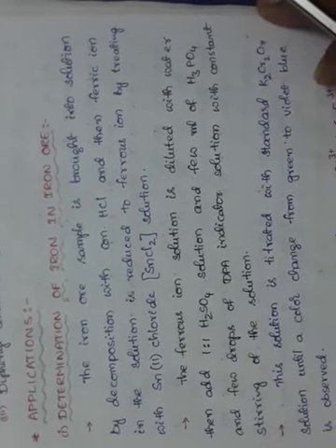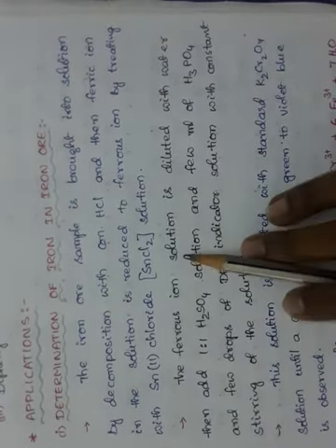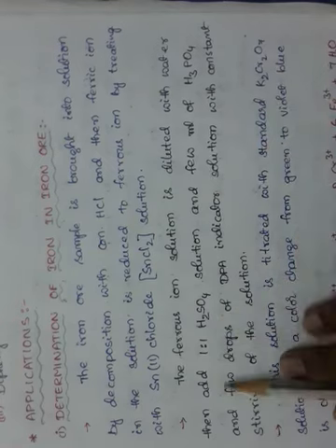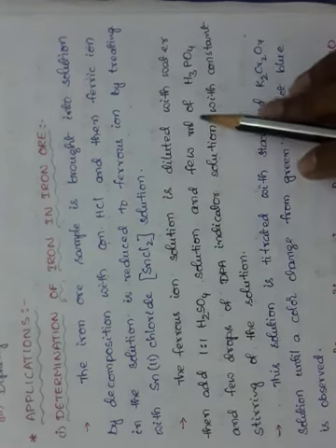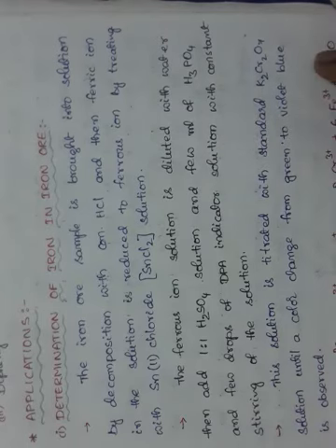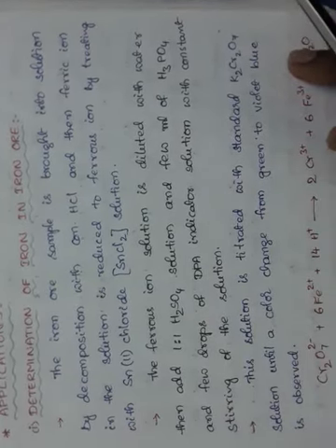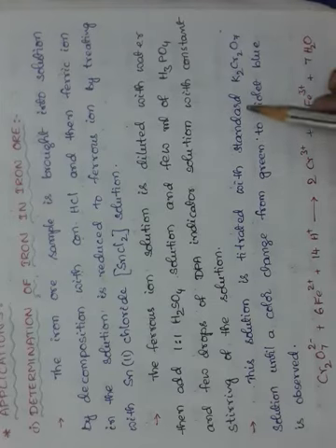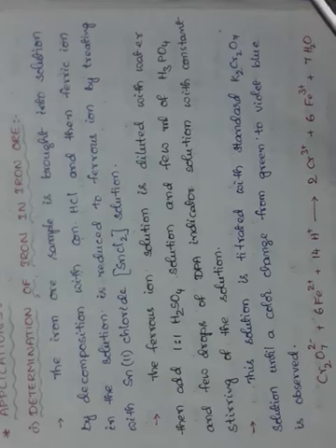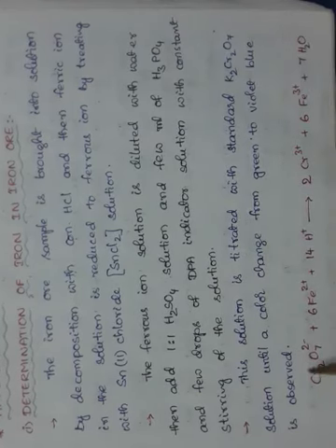Next, the entire ferrous ion solution is diluted with water, then add 1:1 H2SO4 solution and a few ml of phosphoric acid and a few drops of DPA indicator. Then this solution is titrated with standard potassium dichromate solution until a color change from green to violet blue is observed. So this is the reaction.